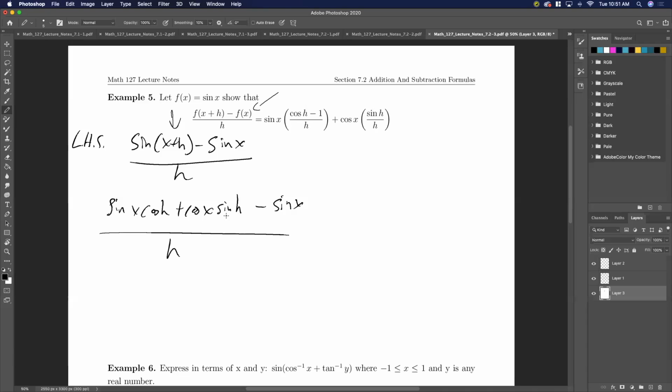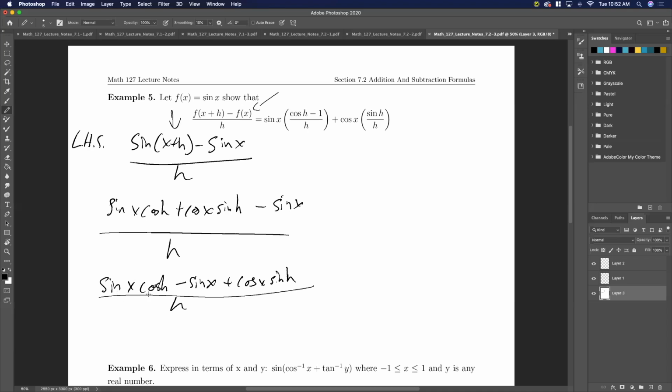Well, here, I'm going to move stuff around because I can easily get you lost. I'm going to move sine of x cosine h minus sine of x, so I'm moving this forward, plus cosine of x sine of h. So what have I done here? I've only just moved this one here and this one here.